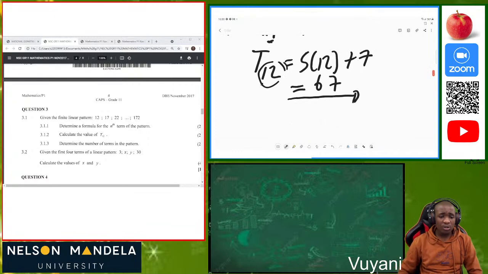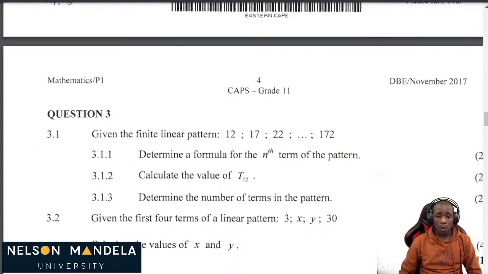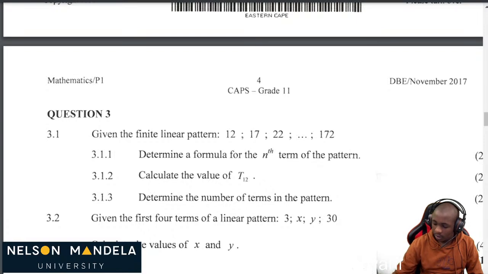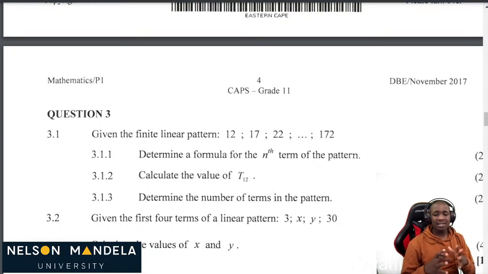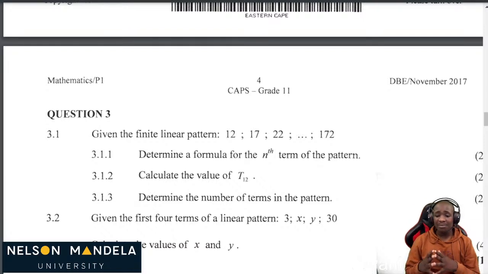Now, going to number 3.1.3. Determine the number of terms in the pattern. Whenever they say determine the number of terms in the pattern, we must have our general term or our nth formula. Then we also have to have the last term which we are given in the sequence.